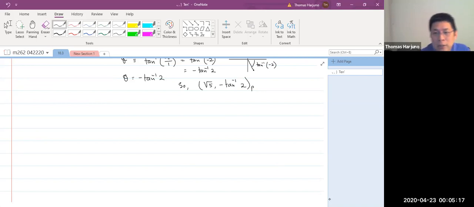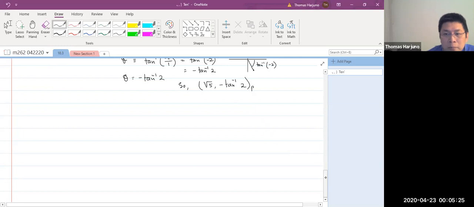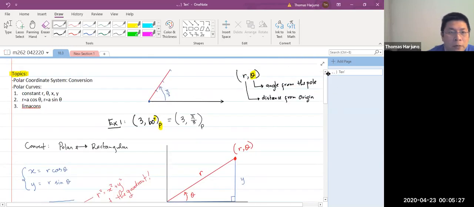Now, for the next long while, I will spend plenty of time describing some polar curves. So I will start from the easy one, when the r is constant, theta is constant, x is constant, y is constant, and then some variation to that.